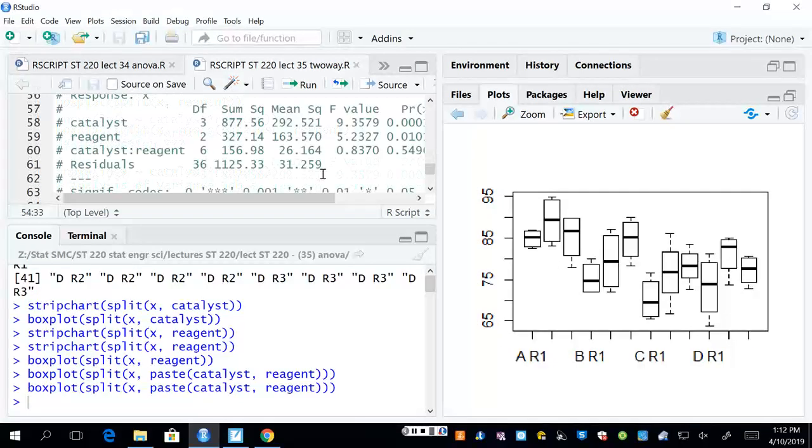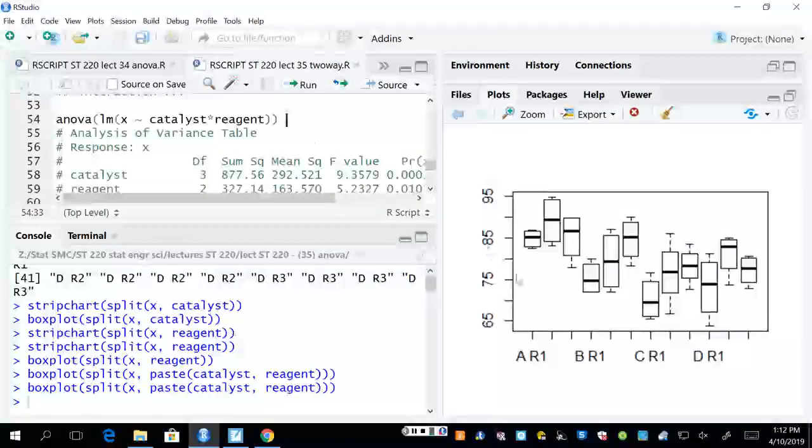It's a little bit hard to see. Like the way B and C are acting? Yeah, so B and C are kind of going up depending on the reagent. B seems to work better for the third one, and C seems to work better for the second or third. But it's not necessarily the same for A and D. It doesn't seem to be quite equal across. So maybe that's a suggestion there's an interaction.